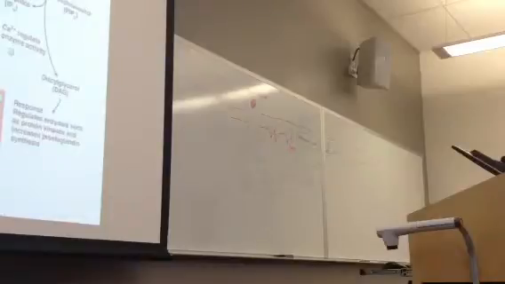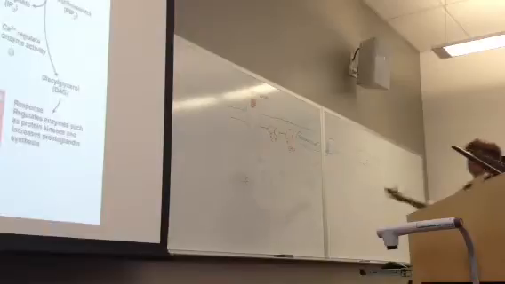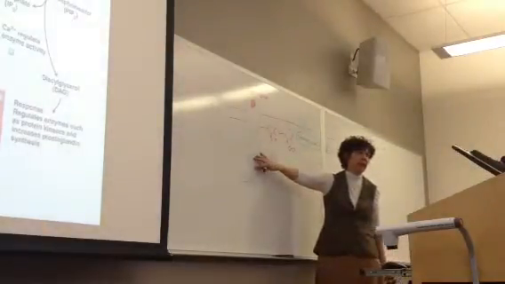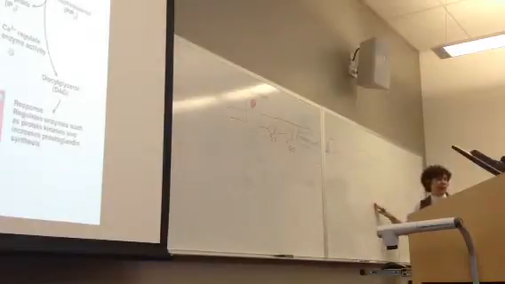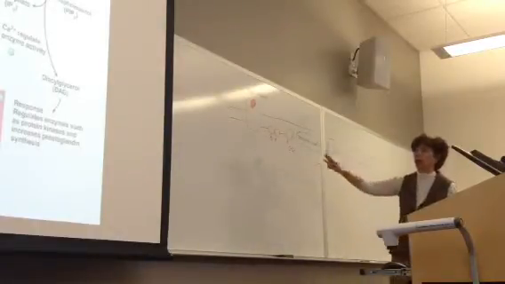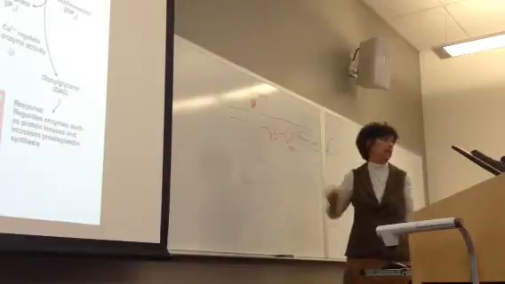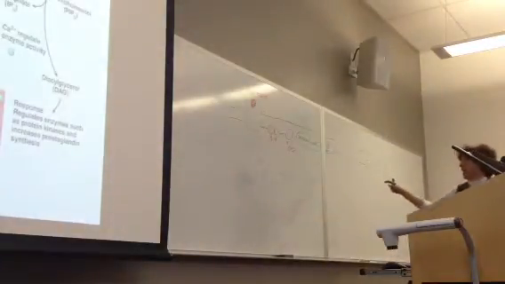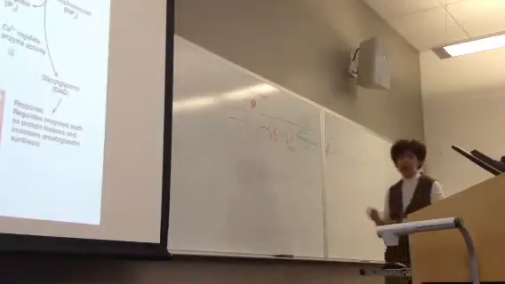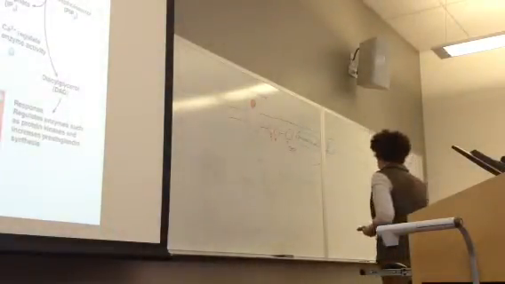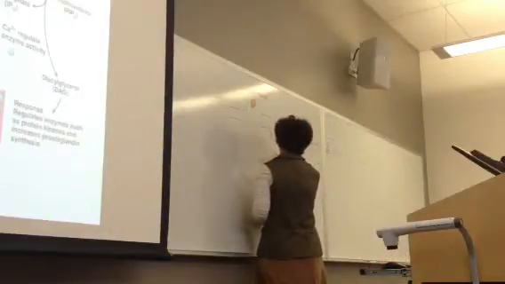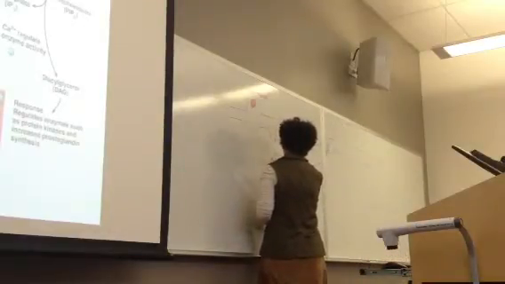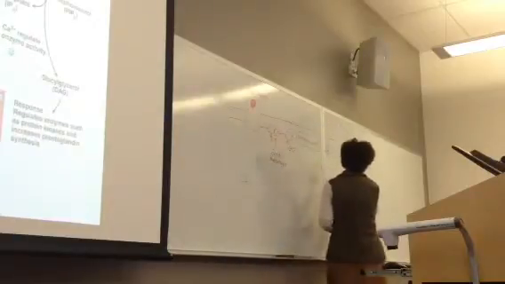Alpha subunit activates a membrane-bound enzyme, and then we go both pathways. We liberate calcium ions, and we activate protein kinase. So we can phosphorylate other molecules, or we can use calcium ions to activate. But IP3 and DAG, and then also the calcium ions are going to be considered second messengers. But typically in this pathway, these are the molecules that are identified as the second messenger, IP3 and DAG.